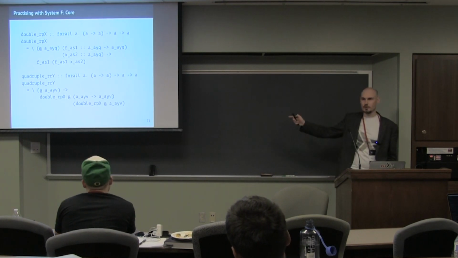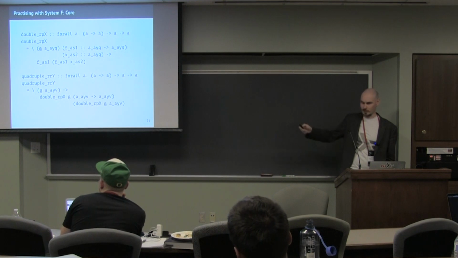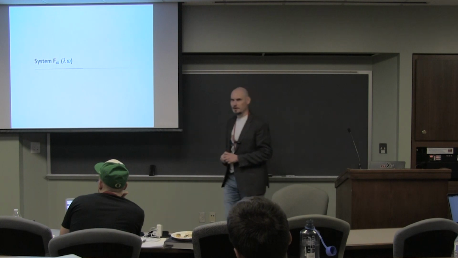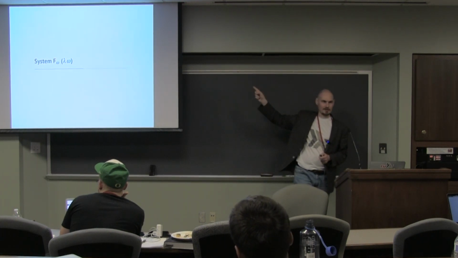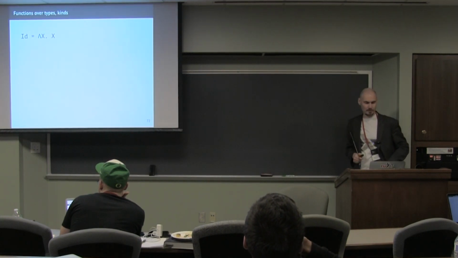So if you want to work with it, then you can work with the GHC compiler and look at it. Then I think we have six minutes to go quickly through System F omega here. Remember that's another part of that lambda cube.